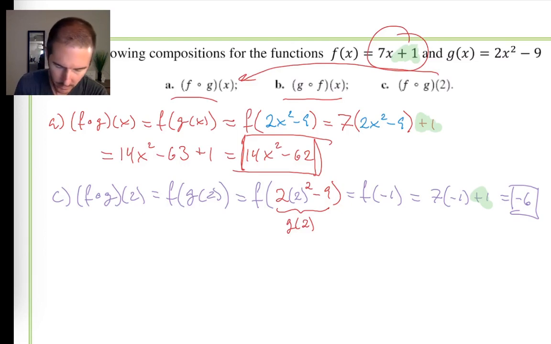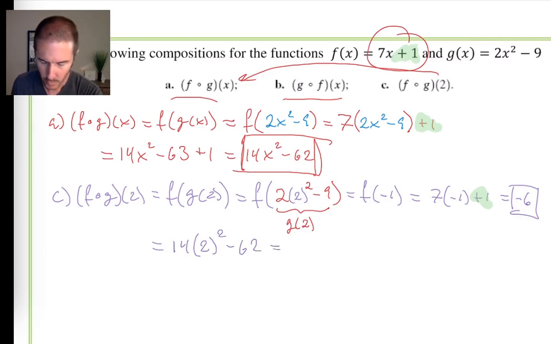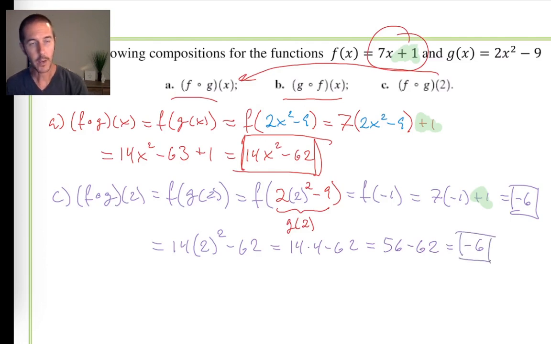Let's write that down here, or you could use a different color perhaps. 14 times 2 squared minus 62, and that's equal to 14 times 4 minus 62, which equals 14 times 2 is 28 times 2 is 56, which does indeed equal negative 6. So you could do it either way.